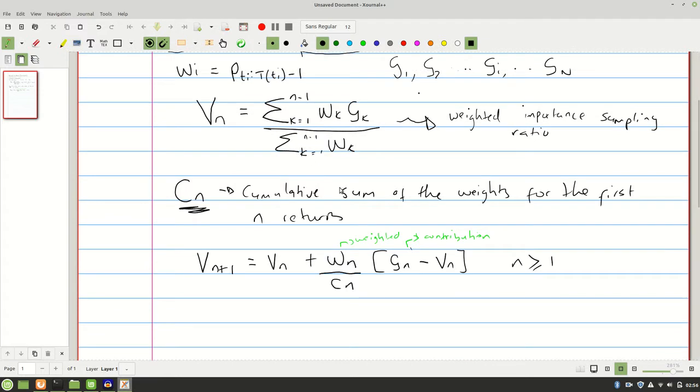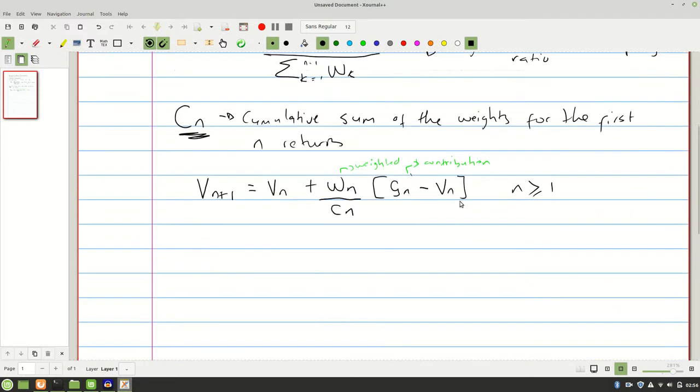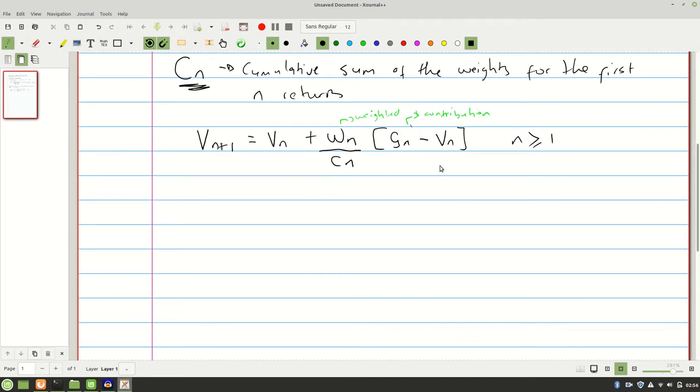This is based on the weighted importance sampling ratio that we talked about earlier. So this is our incremental update.